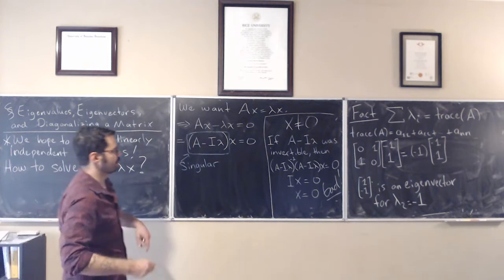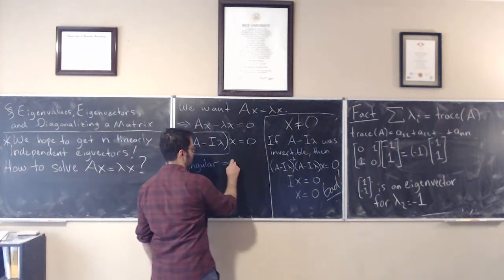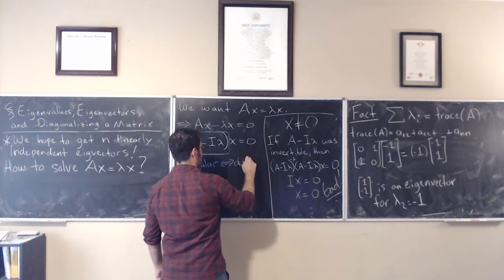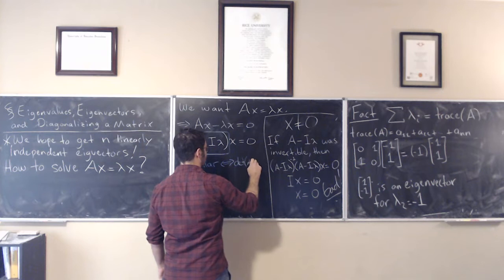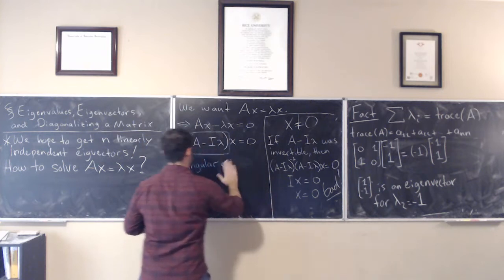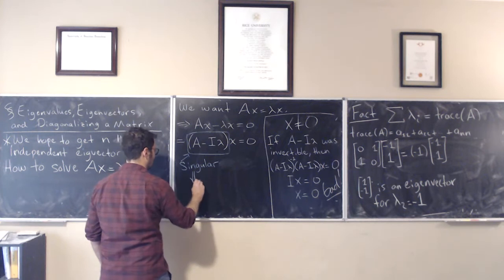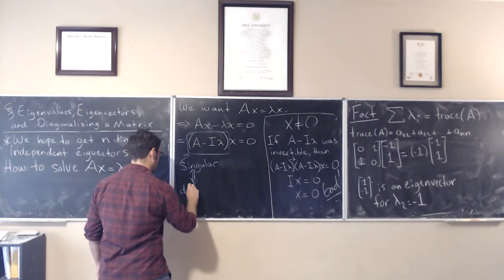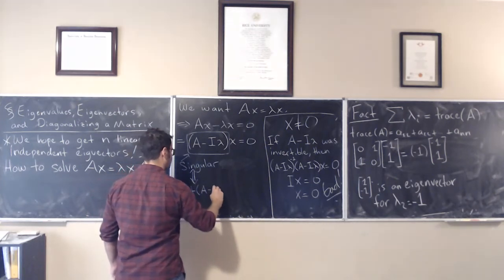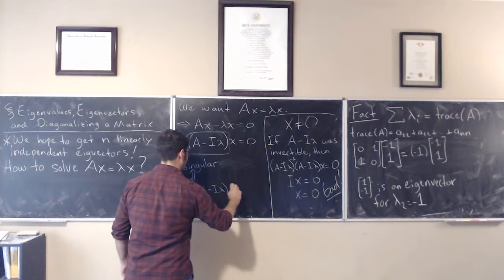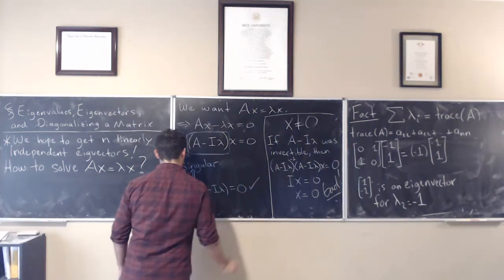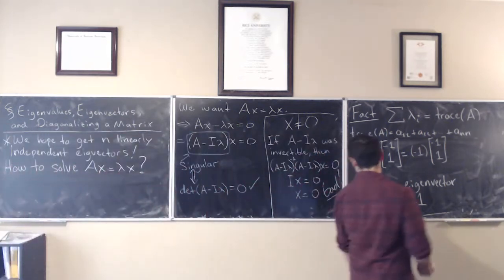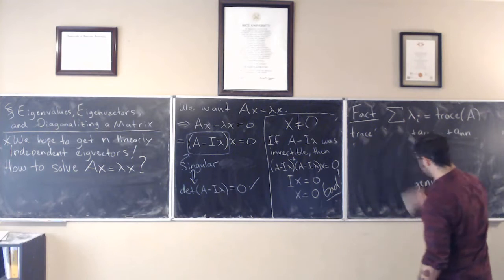It's not invertible, it's singular, which, as we learned last time, means that the determinant of this matrix is 0. And we know how to find the determinant, more or less.